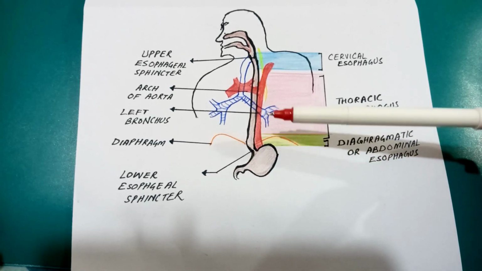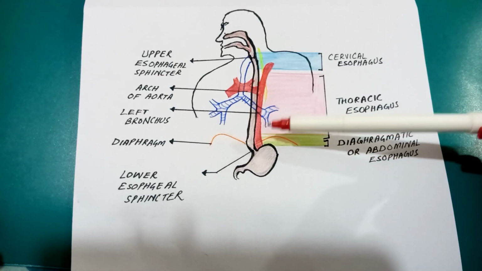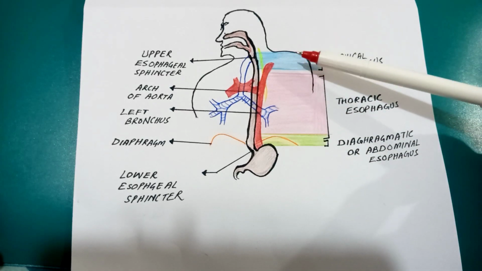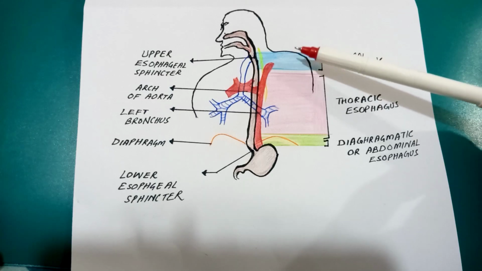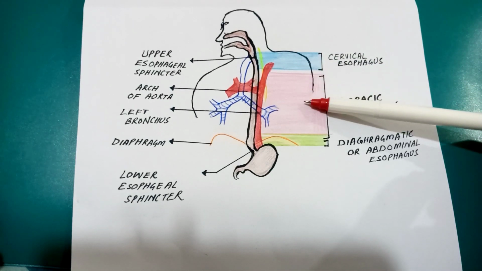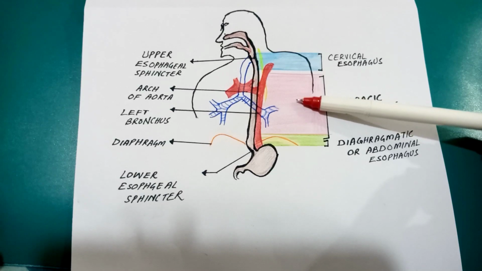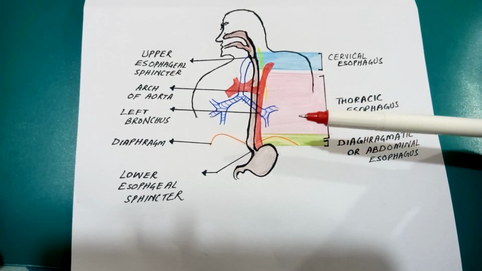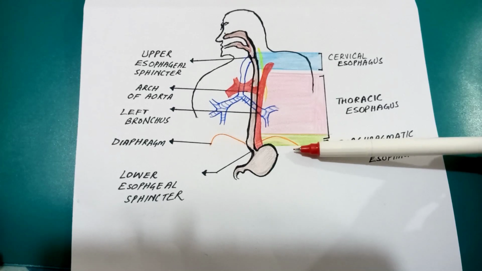The venous drainage of the cervical esophagus corresponds to its artery, the inferior thyroid veins. The thoracic esophagus drains into the azygos veins, while the abdominal esophagus drains into the gastric veins.